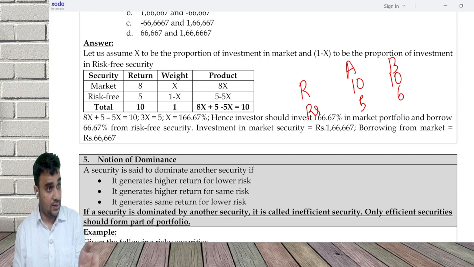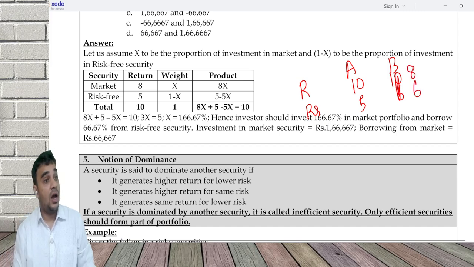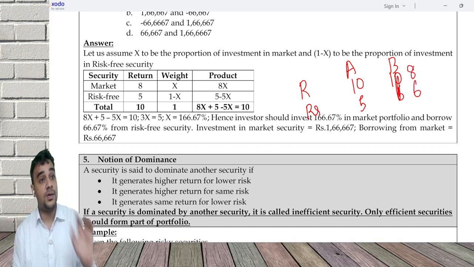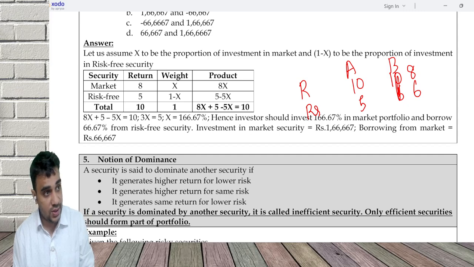Same return but carries lower risk. So A is obviously better than B. Second situation, 8, 6: higher return and lower risk. Now you are generating more return and risk is also on the lower side.